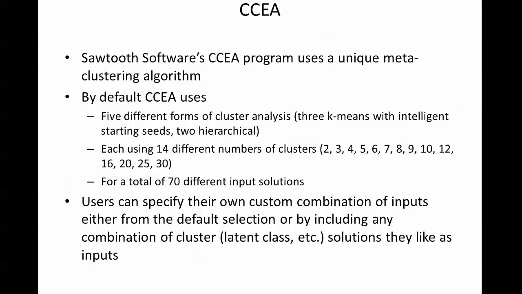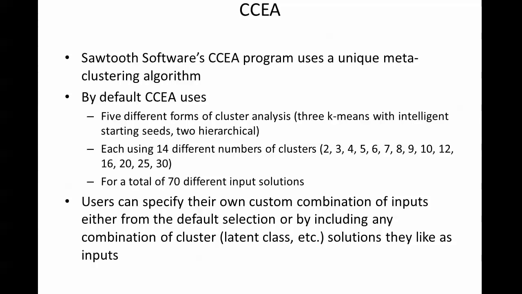So what Sawtooth Software did was it came up with its own meta-clustering algorithm that has all sorts of nice, fast-running properties, and we call the program CCEA, Convergent Cluster Ensemble Analysis. By default, CCEA uses 5 different forms of cluster analysis. 3 of them k-means with intelligent starting seeds that we talked about earlier with CCA, and 2 different hierarchical types of cluster analysis.